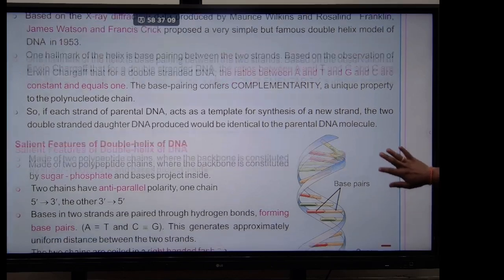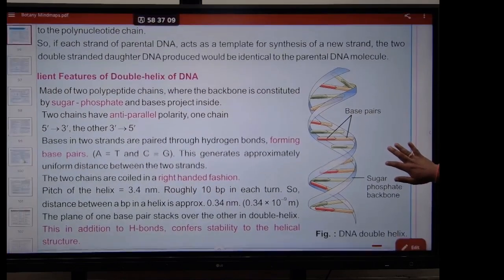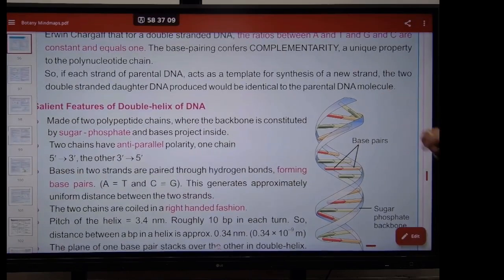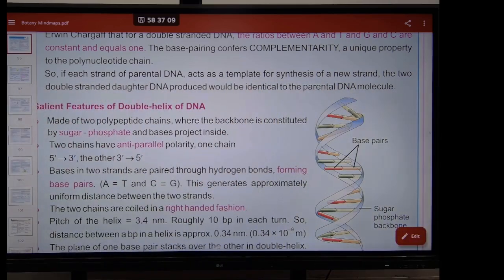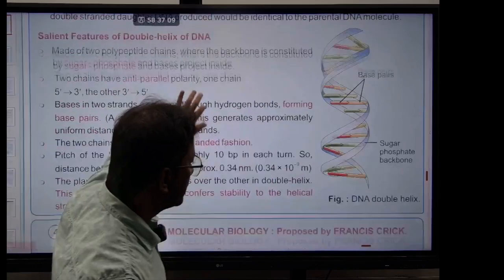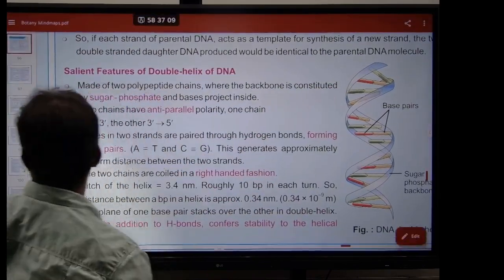Now, anyway, now the sentence mentioned here. If each strand of parental DNA acts as a template for synthesis of a new strand, the two double-stranded daughter DNA molecules produced would be identical to the parental DNA molecule. Now look at this. This diagram is not mentioned here, you see.